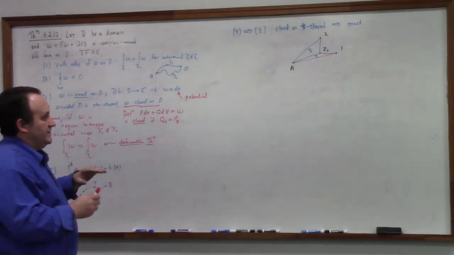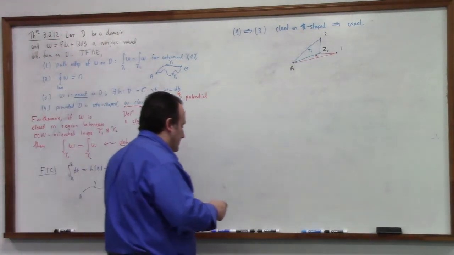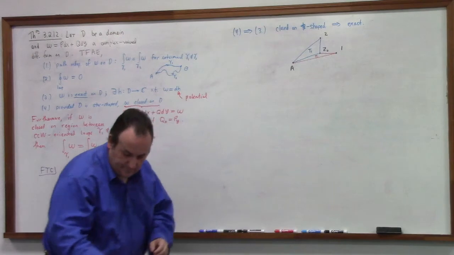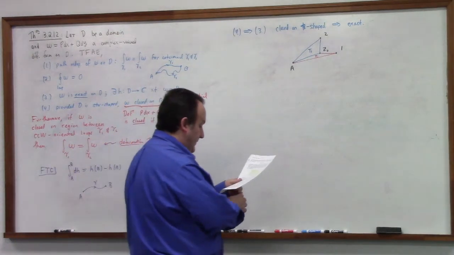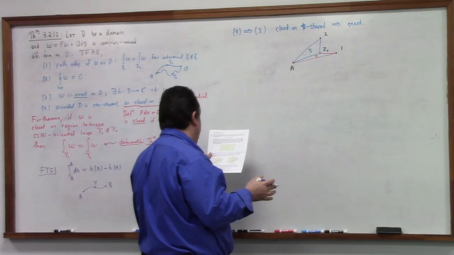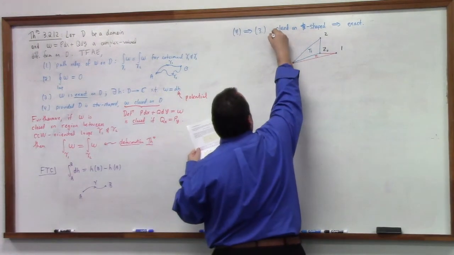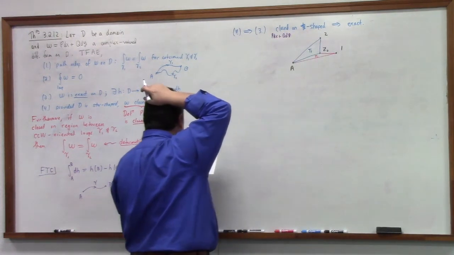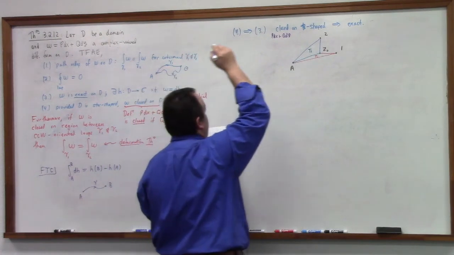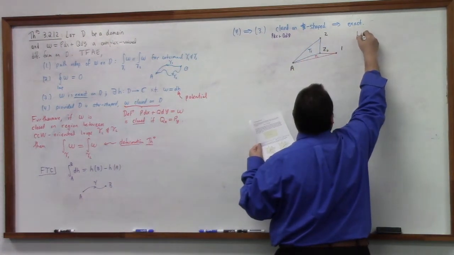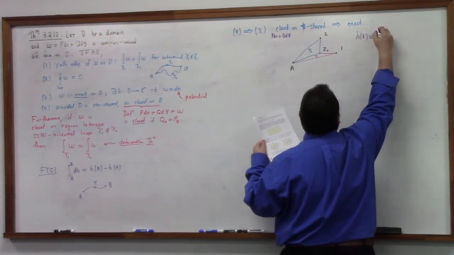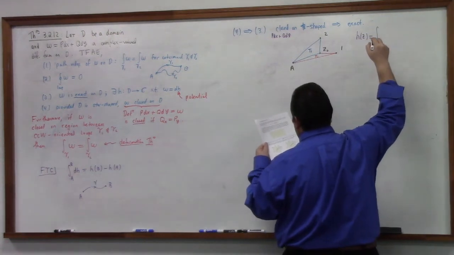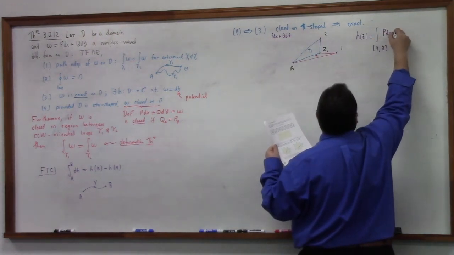Okay, so I'm going to focus here on this one, partly because the proof is a little bit interesting. So, star-shaped domain, we're assuming Pdx plus Qdy is closed there, right? Great. We're going to let h of z be the integral from a to z of Pdx plus Qdy.